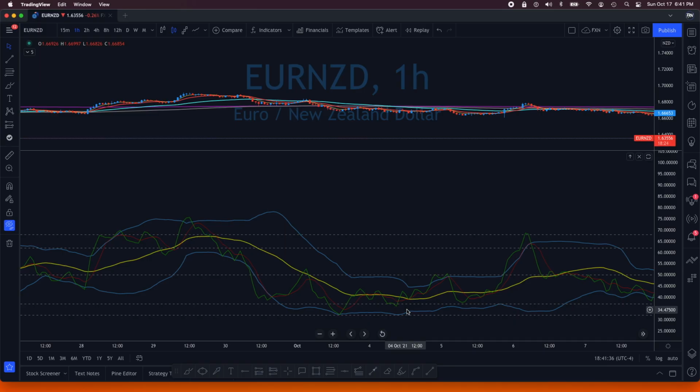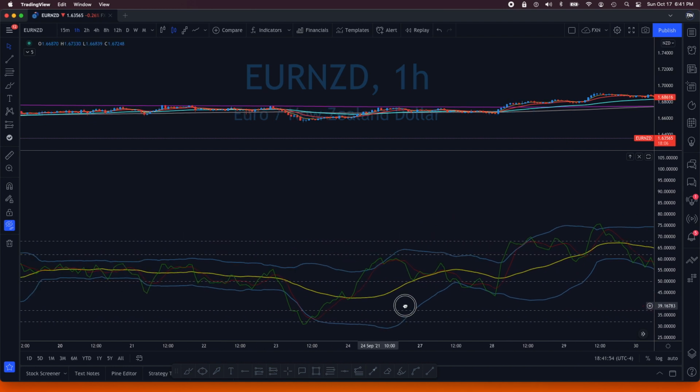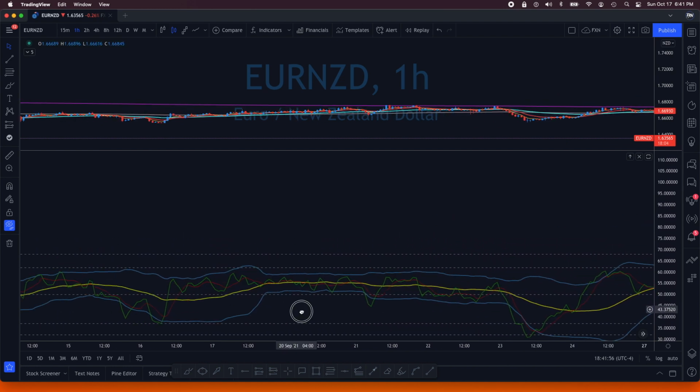Okay. Funny enough, on type 3s, we're bouncing off the 50 line. So like this right here would be a good confirmation for a type 3. See how it bounces off the 50 line here for a sell. For a buy it would be something like this, right?